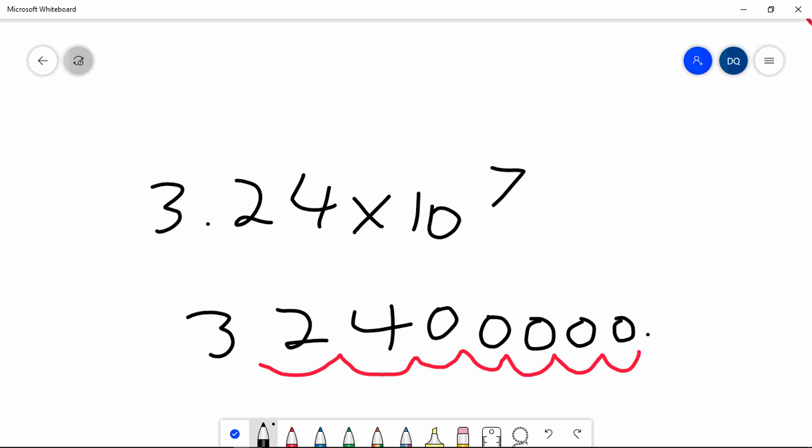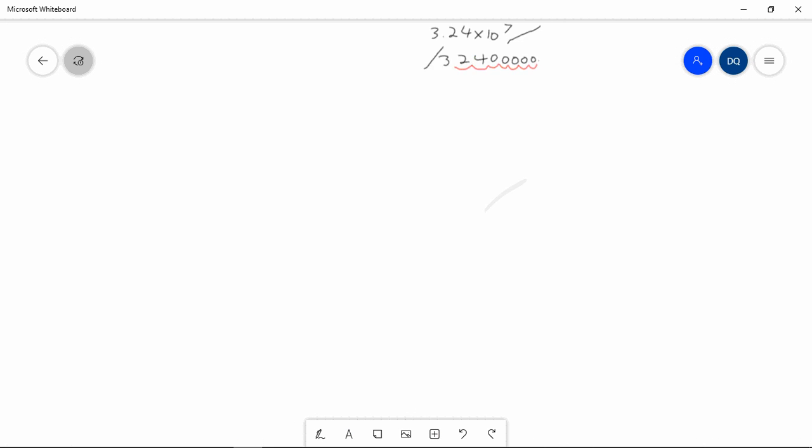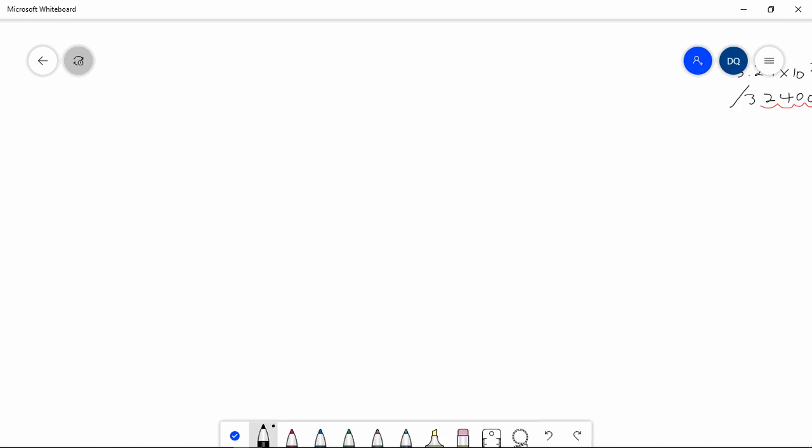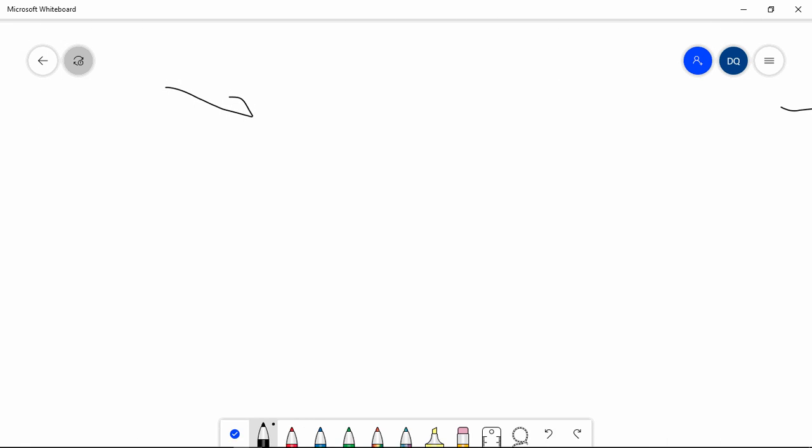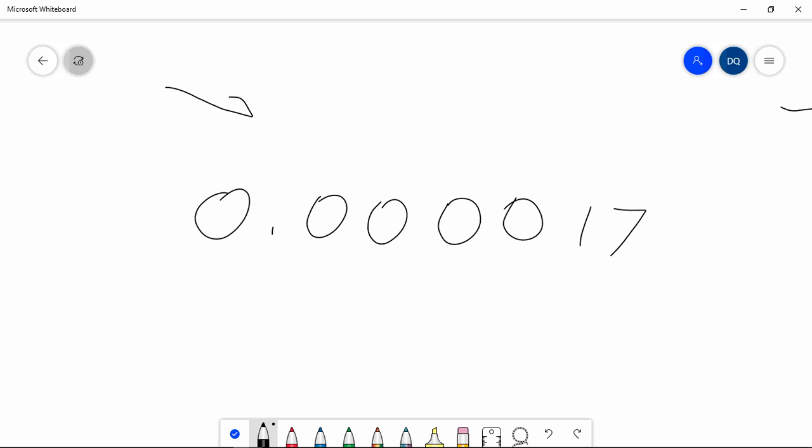Now, scientific notation also works for very small numbers. We just use a negative exponent. So, for example, let's say we've got, sorry, just trying to zoom in here. There we go. So let's say I've got 0.000017.